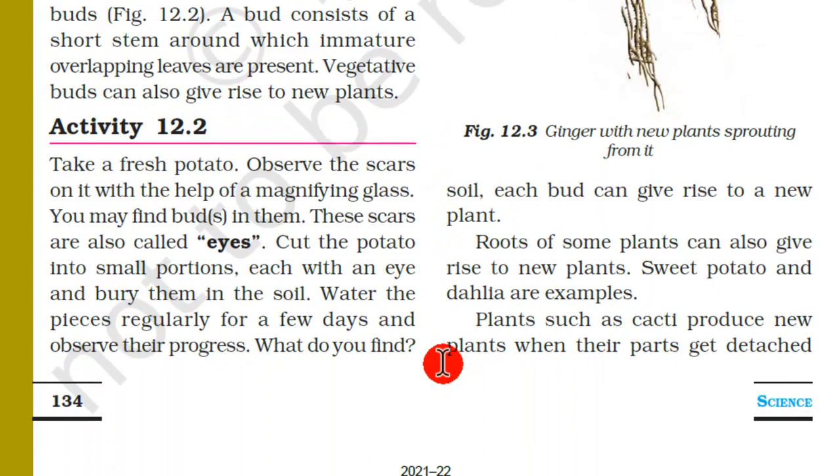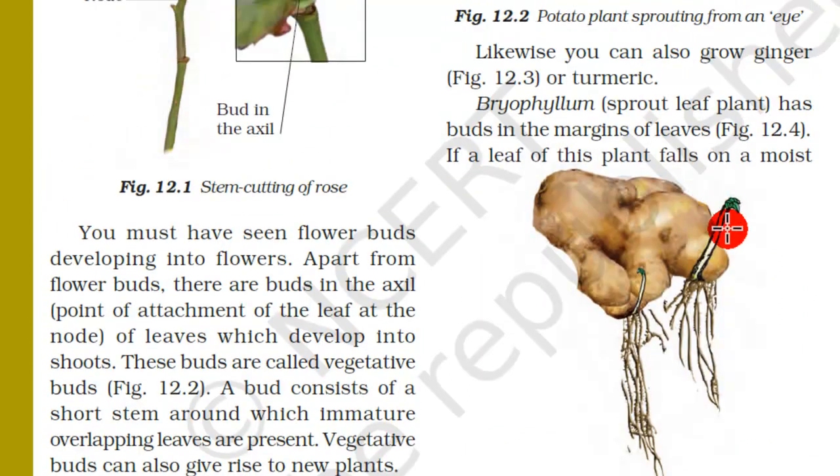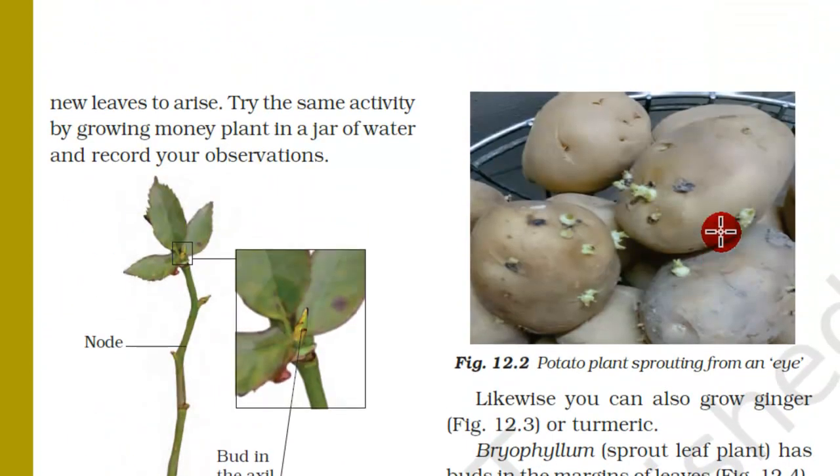And let's see another activity, 12.2. In this activity, we will take a fresh potato like this. These scars are also called eyes. First of all, we will cut the potato into small portions, each with an eye, and bury them in the soil.